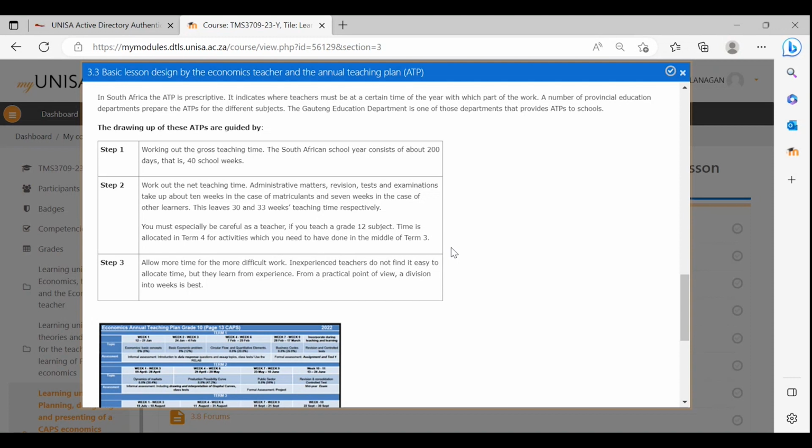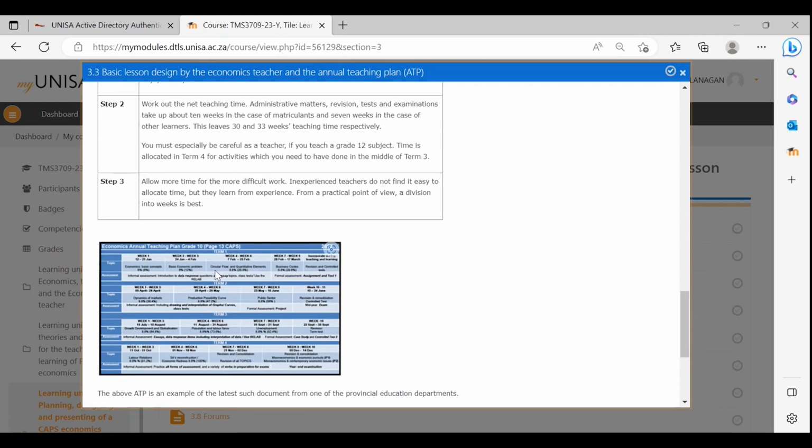You must be done with term 4's work, or all the work for that subject, in the second week of August. And they say allow more time for difficult work. According to the ATP, you cannot really do this because the ATP is content driven. It tells you exactly where you must be at a certain time.